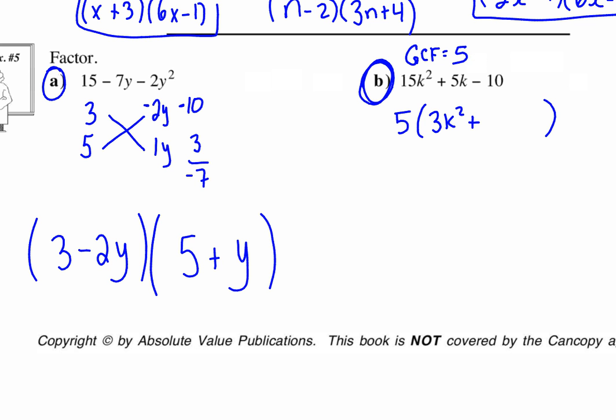Okay, so what's left over? 3k squared plus k minus 2. That's way more animated. Thank you. Yay. Now, that makes it a lot easier to factor because how can we multiply to 3? 1 and 3. How about 2?